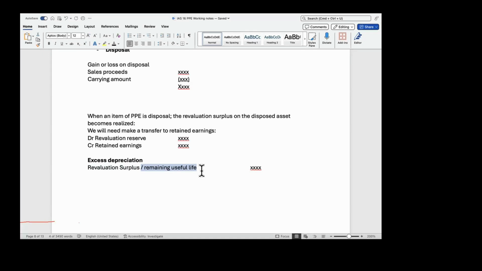But if we have started adding the revaluation surplus, earning it little by little to retained earnings, I'm thinking that might look a bit like we are having on hand some money that is not available for spending in that retained earnings.